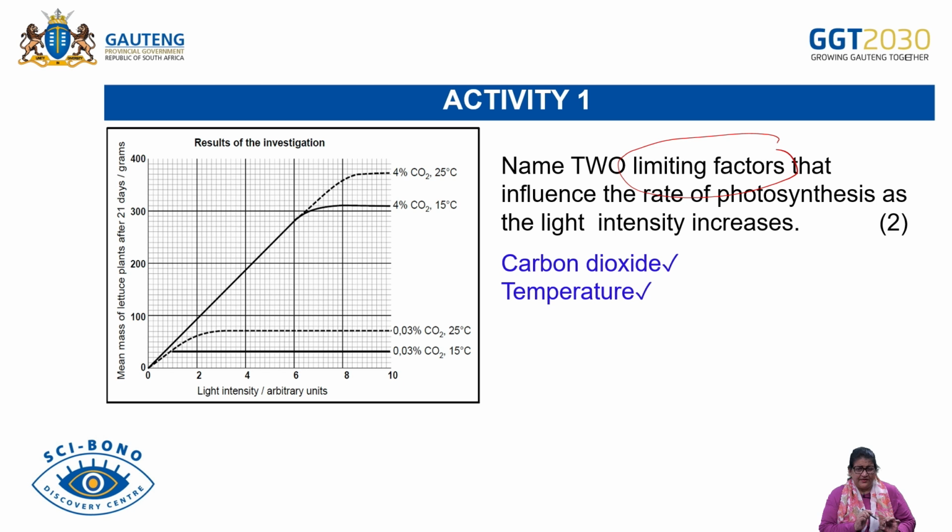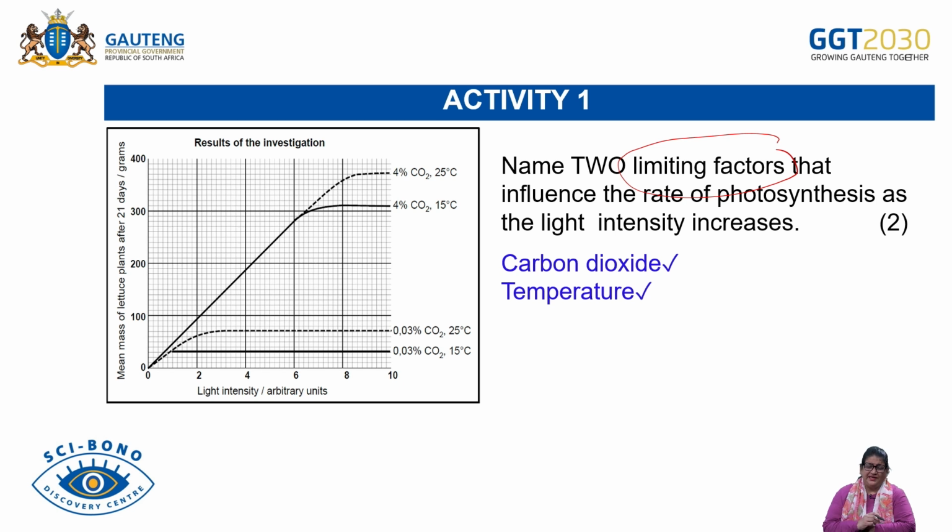Then you would say, a plant needs the optimum amount of light intensity for optimum photosynthesis to produce an optimum mass of carbohydrates in the lettuce. Therefore, if there is no optimum CO2 or no optimum temperature, this will decrease and affect the rate of photosynthesis and will also affect the mass of the lettuce plants.